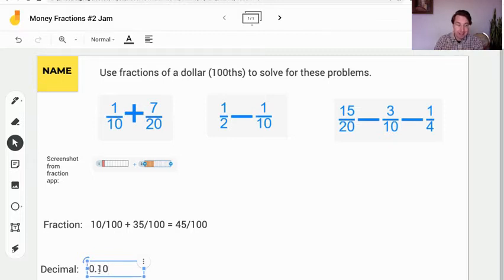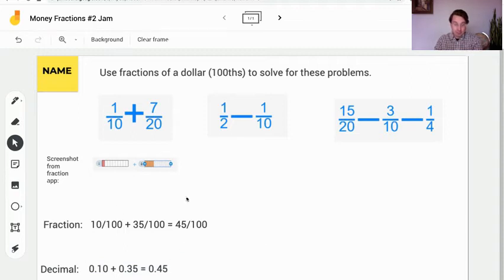So this is 1 in the tenths place, and 0 in the hundredths, 10 hundredths. Plus 35 hundredths, same idea, 0.35, 3 in the tenths, 5 in the hundredths, 35 hundredths equals 45 hundredths. Same idea there. 45 hundredths.